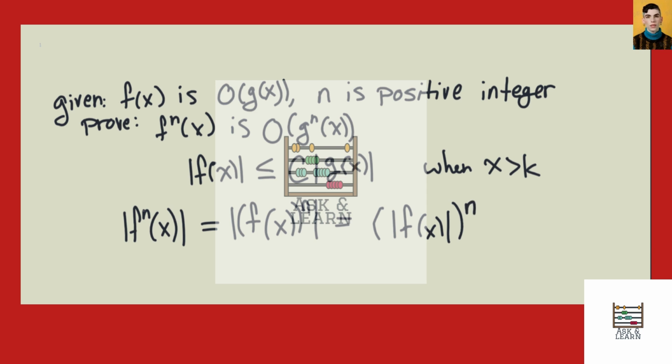And that's just because of the way that absolute values work, keeping everything positive. So we're writing it in this form just to make things a little bit clearer, right? And so then this is going to be less than or equal to, based on our big O notation, c times the absolute value of g of x to the power of n.